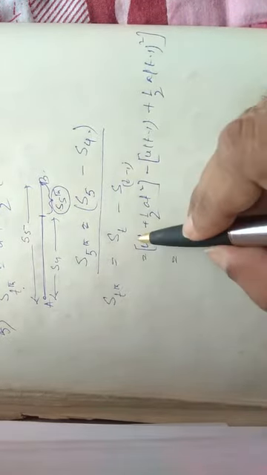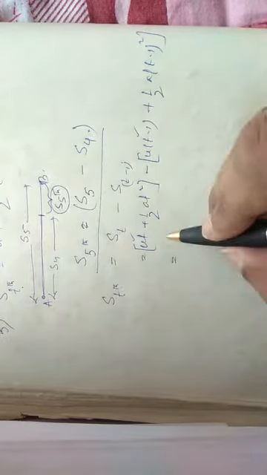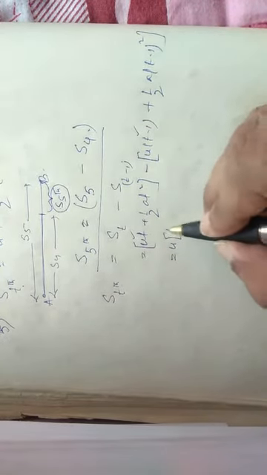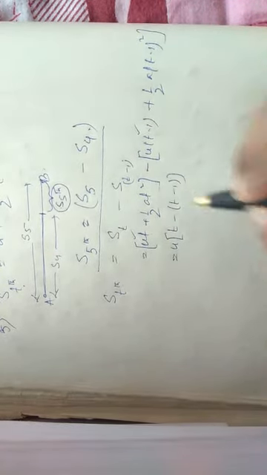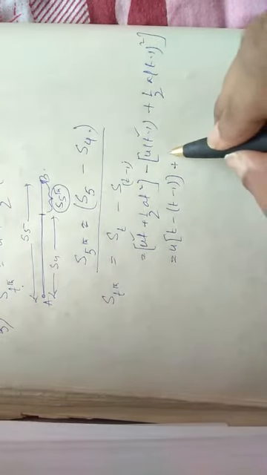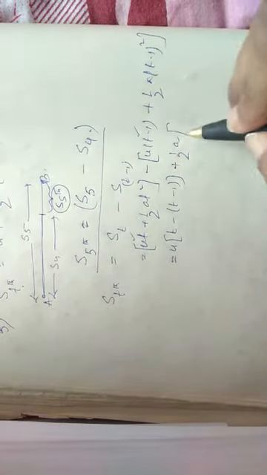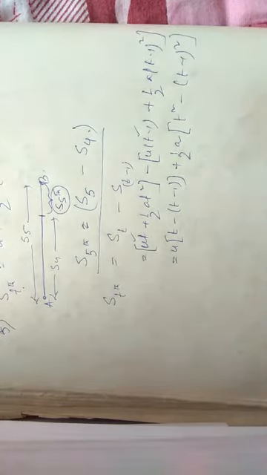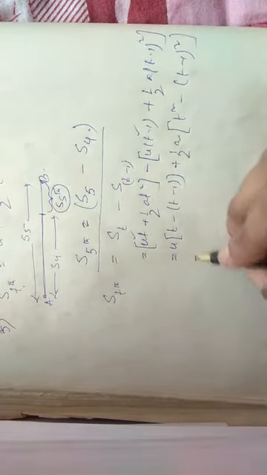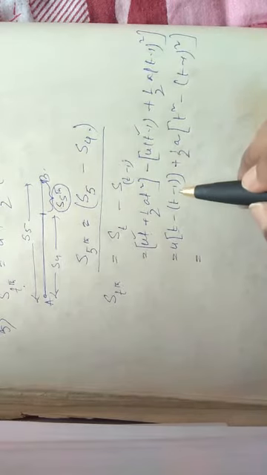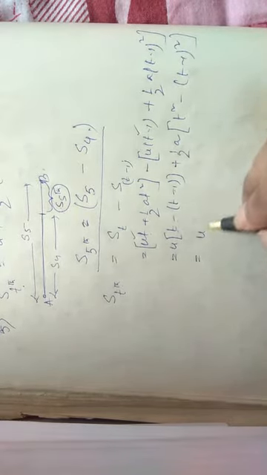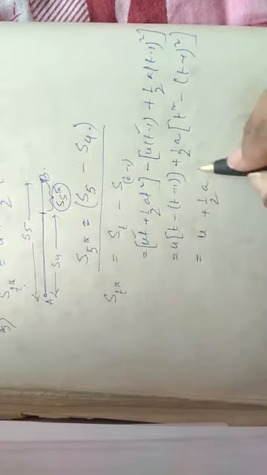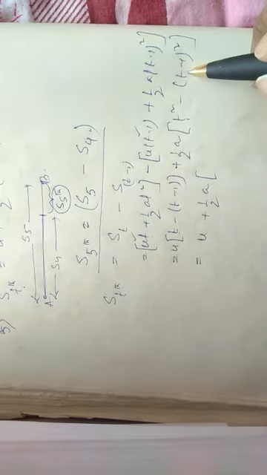Try to solve this taking this term and this term together, u as common, t minus 1, and the second term half a t square minus t minus 1 whole square. So minus minus plus becomes u plus half a is a square minus b square.